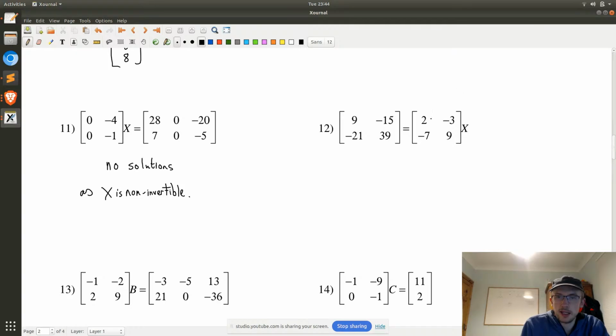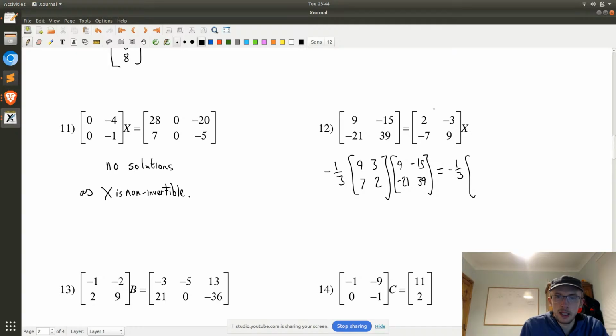What's the determinant of this? 18, 21. So that'd be 18 take 21, which is minus 3. So minus 1/3 of swap on the main diagonal, negate on the off diagonal. Put that matrix right there. And matrix multiply.